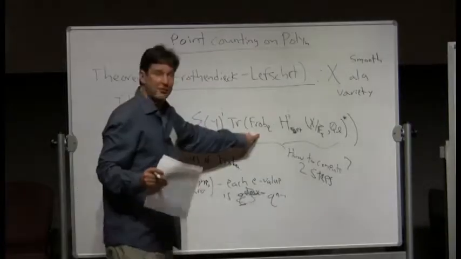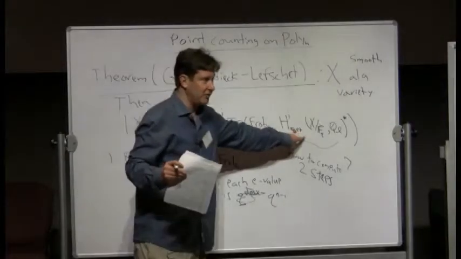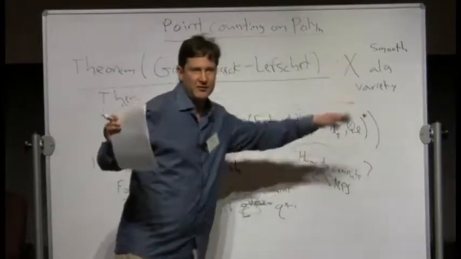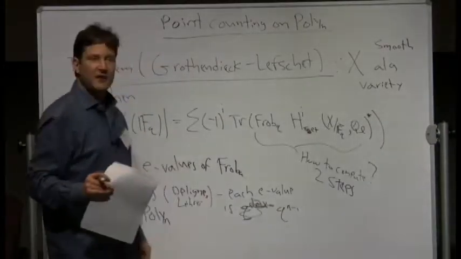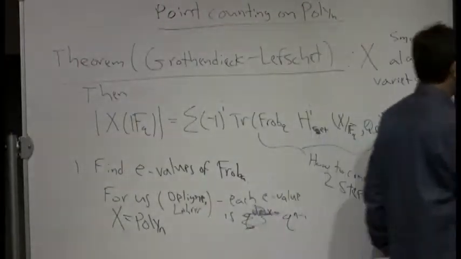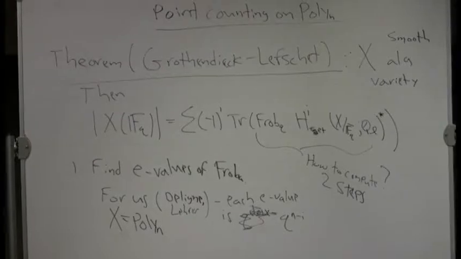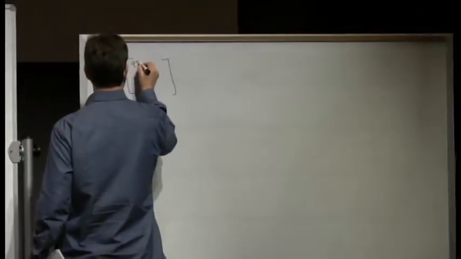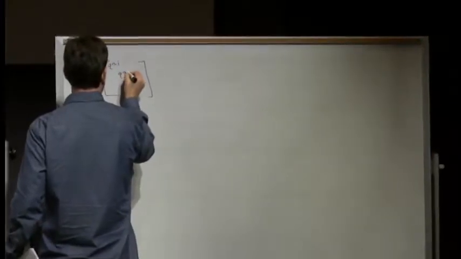So I have some matrix. It's a linear algebra thing. The field happens to be Q_l. Doesn't matter. All the eigenvalues are q to the n minus i. What this means, when you have a matrix, and if the eigenvalues are q to the n minus i, this is on H^i.